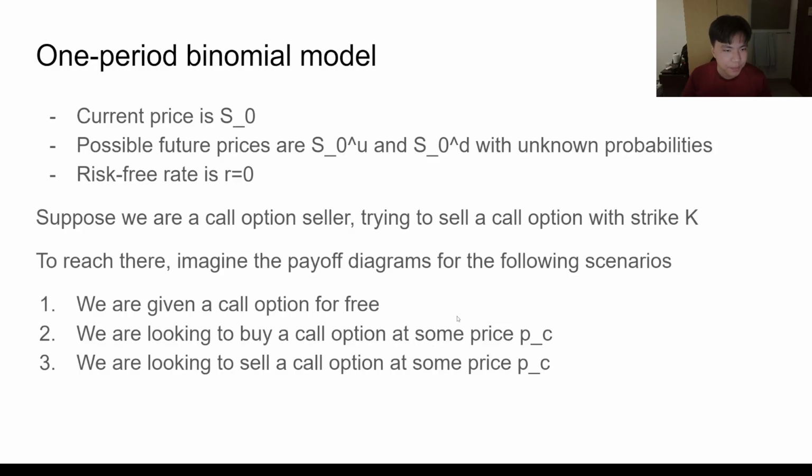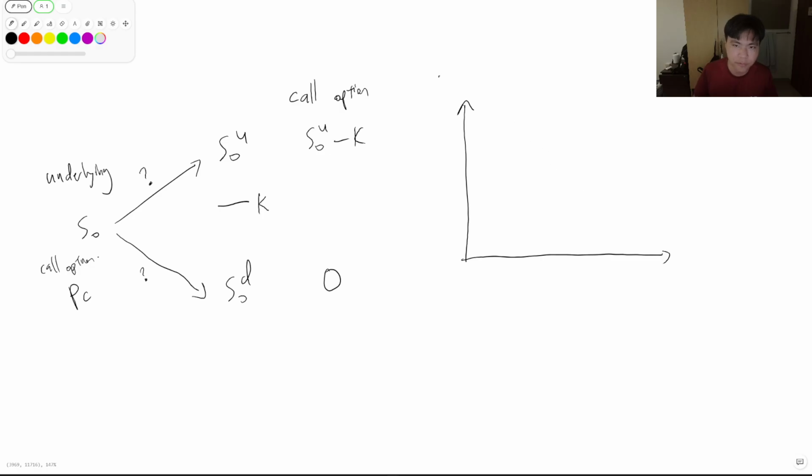To get there, I'm going to draw three diagrams. The first scenario is that you're given a call option for free. What's the payoff? Suppose it's some endowment, given to you by inheritance or donation. The payoff of a call option given to you for free looks something like that, where the angle here is 45 degrees, gradient is 1.